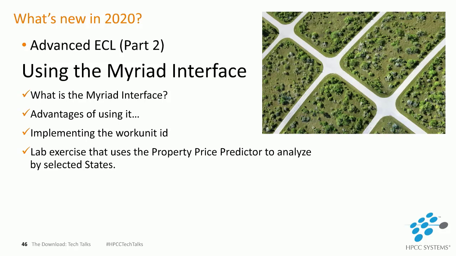For example, in this Myriad interface lesson, I am taking our property price predictor that we did in the Learning Trees tutorial, and I broke it down by states. Let's look at properties for California, New York, and Florida, and see how accurate all three of those are as we zero in on each particular state.